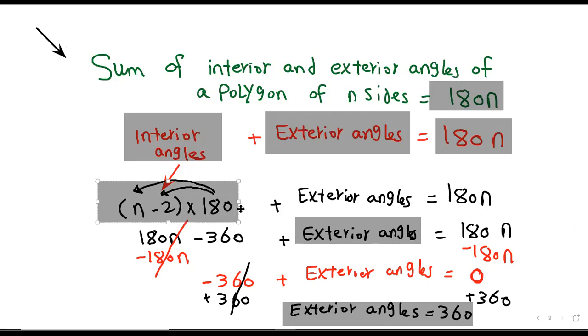This is the rule we use to find the sum of interior angles for any polygon of n sides. After that, expand, and at the end, you will end up with the exterior angles of any polygon of n sides equals what? 360.